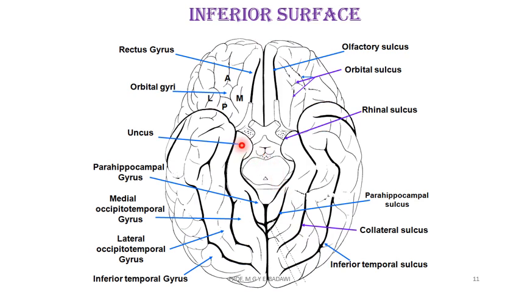This will divide the gyri into the uncus, which overlaps the midbrain as you can see here, the parahippocampal gyrus, the medial and the lateral occipitotemporal gyri, and the inferior temporal gyrus here, which is limited by the inferior temporal sulcus. These are the important sulci and gyri on the inferior surface.